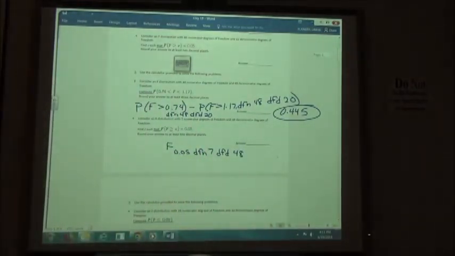So that's the one we're going to do the F sub. If it's a greater, just use the number that's there.